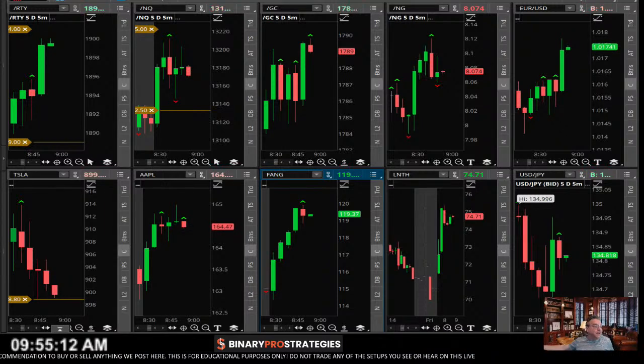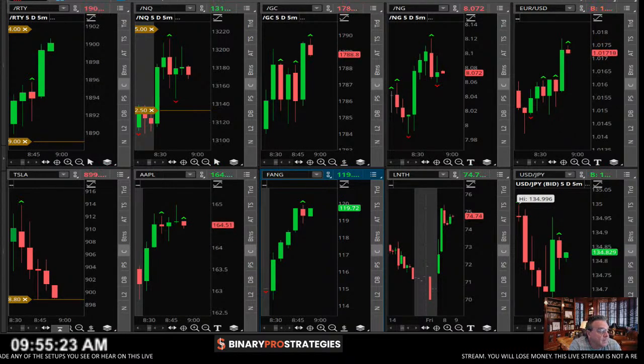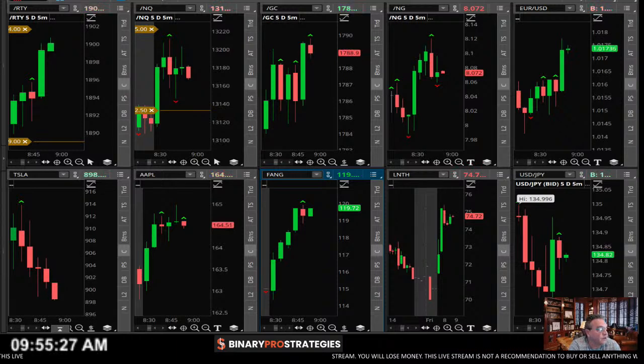I think Tesla's getting ready to hit its target here. That was a $5 projected move. Profit target hit. Tesla just hit its target.